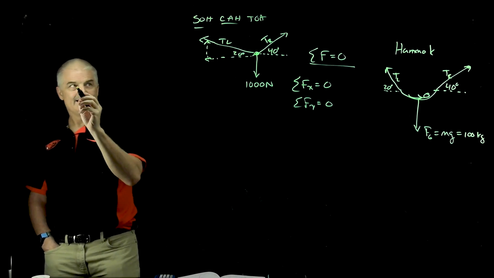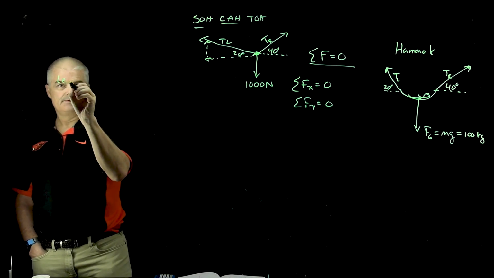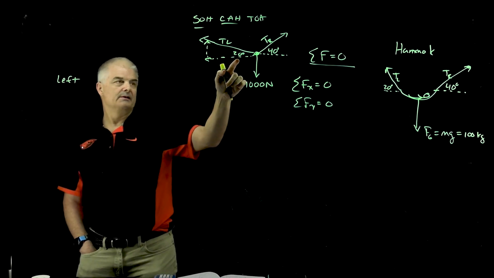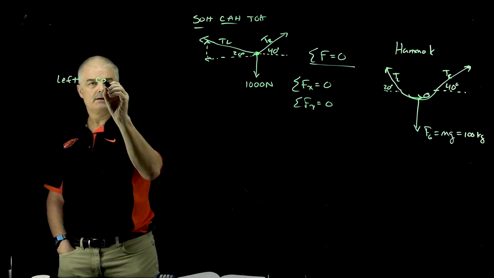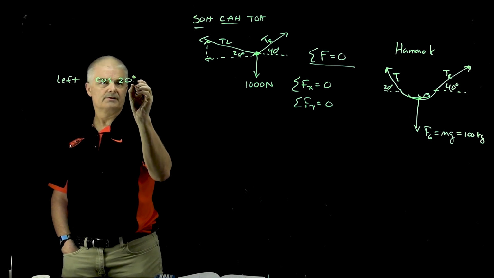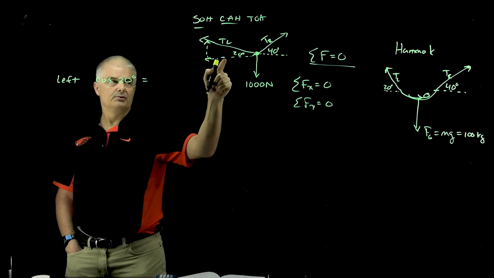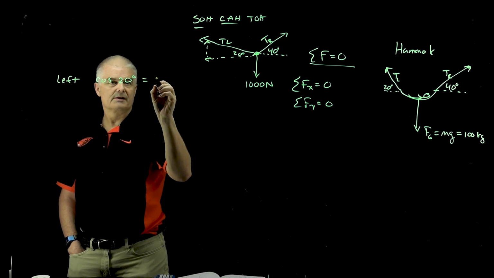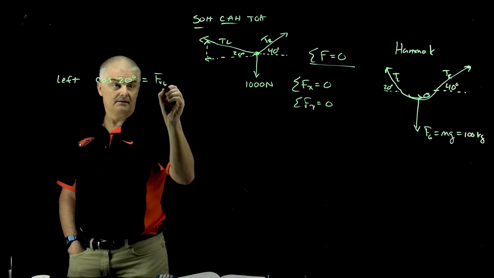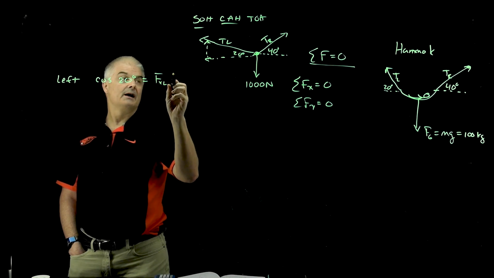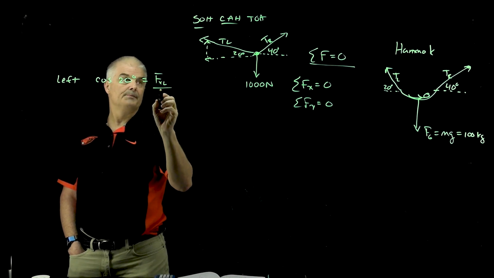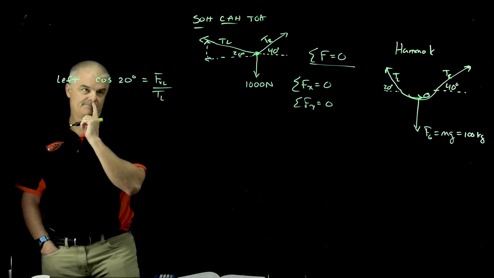So for the left, we could say that the cosine of 20 degrees is equal to, we're going to call this FXL, for the F in the x direction on the left, over TL, right?